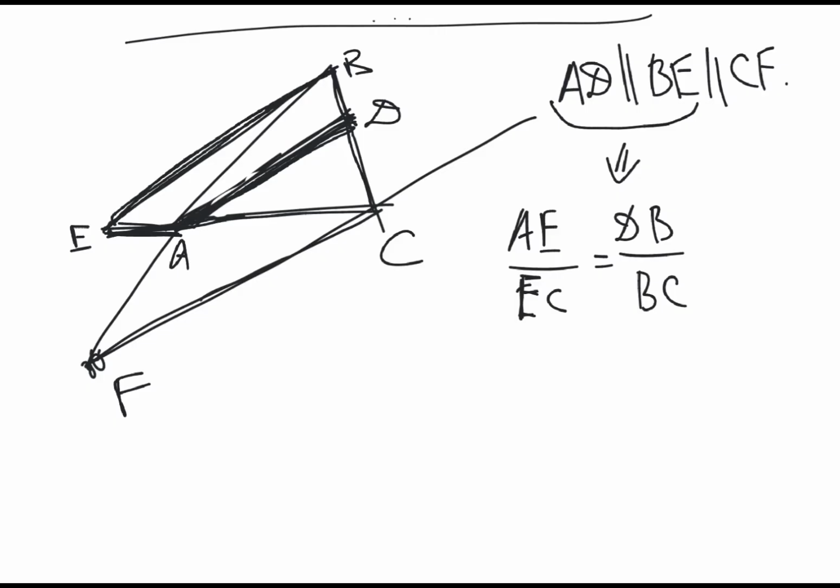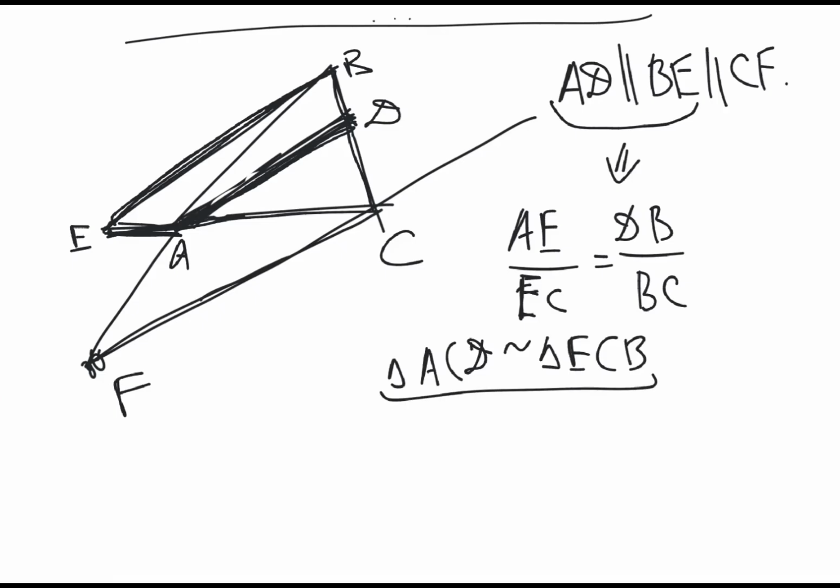Because the triangle ACD is similar to the triangle ECB. So from the similarity of these triangles, the ratio of sides, we get this. And they're similar because of these parallel lines. Okay, so now we write that BC is equal to BD plus DC.